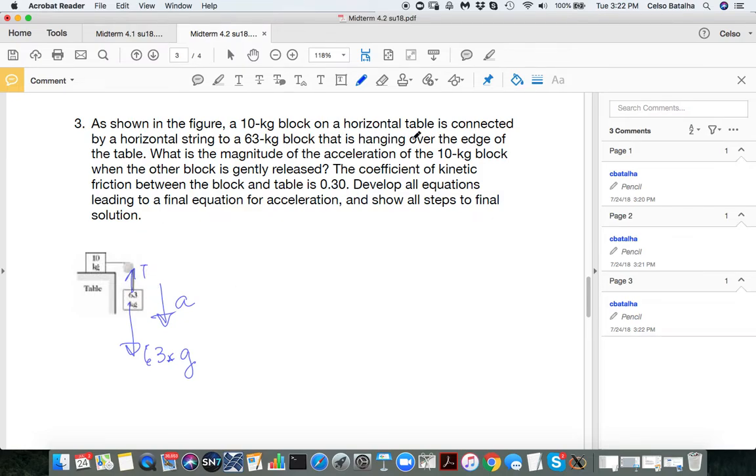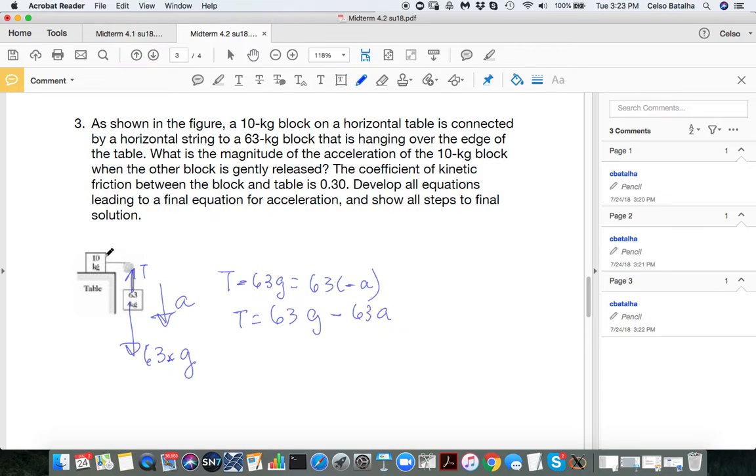And this pulley, there is no information about the pulley, so I'm assuming the pulley is massless. So T minus 63g is equal to 63 times acceleration. Acceleration is negative, so it's going to come with a negative sign. So T is equal to 63g minus 63a.